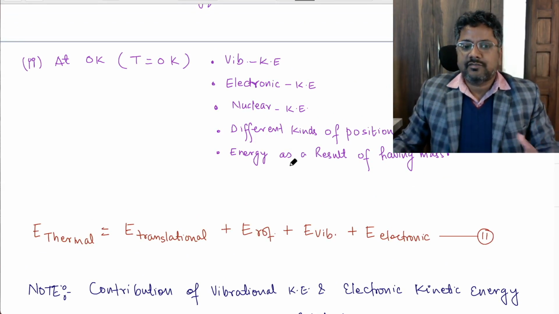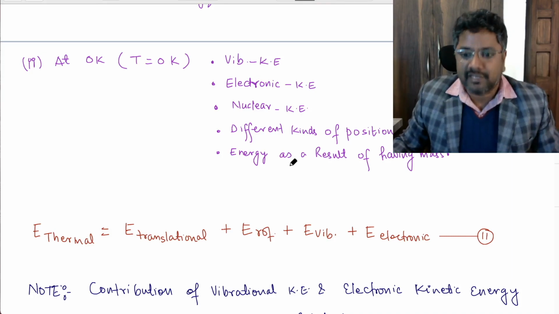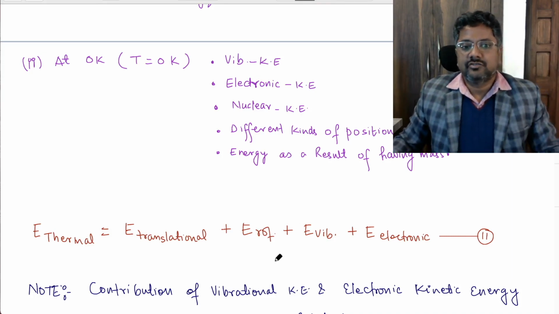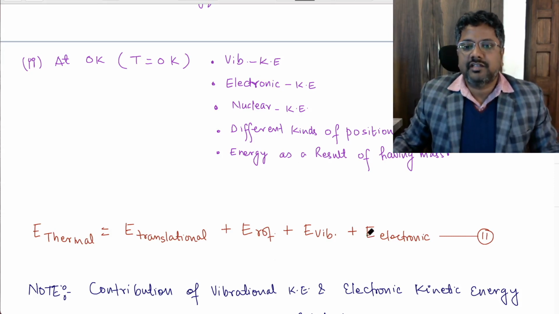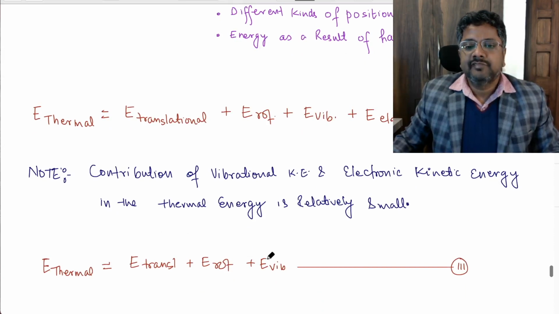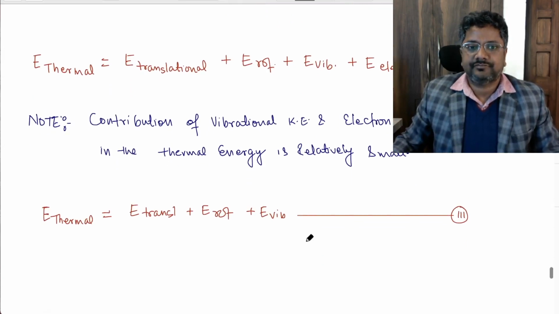So in this chapter, whenever we are talking about energy, internal energy or thermal energy, so many times the meaning of that is thermal internal energy, right? So basically thermal internal energy depends on mainly these three, and at room temperature the contribution of vibration is also very less, right?